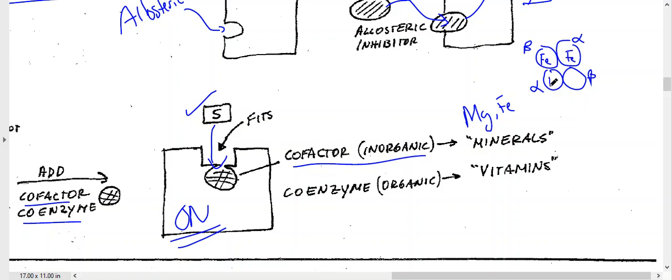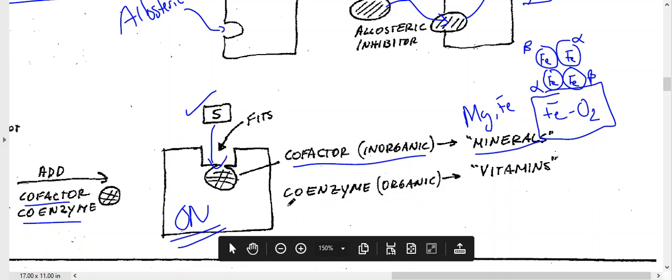Because the iron actually bonds to the oxygen. That's actually what's responsible for carrying the oxygen. You're kind of literally rusting iron in your bloodstream while you breathe, and that's how it works. But you need iron to do that. So just as a little aside example, the importance of minerals.